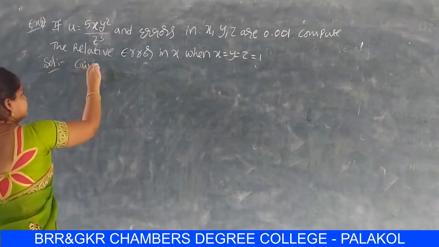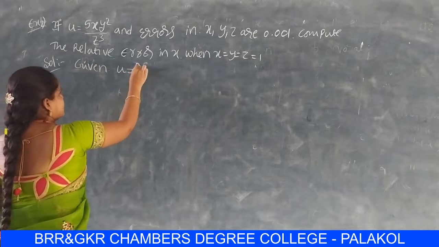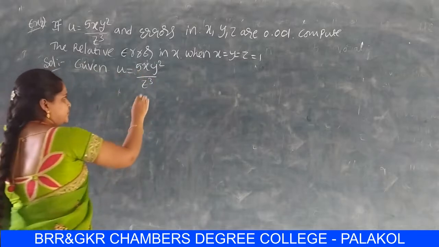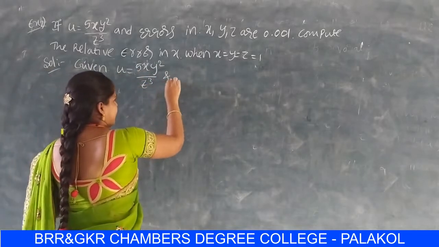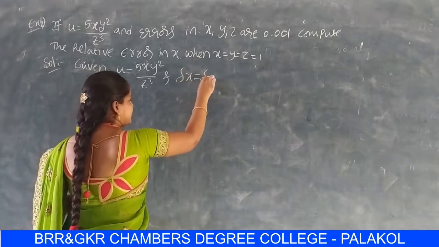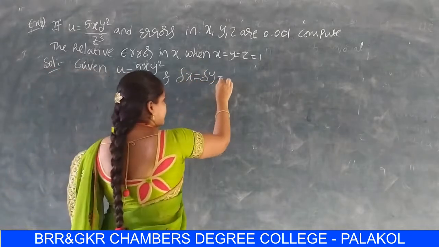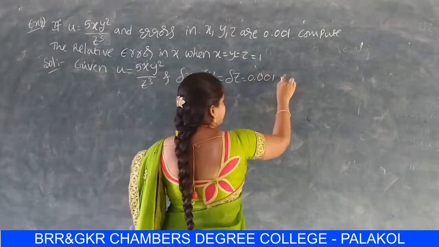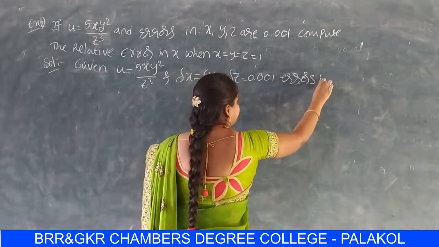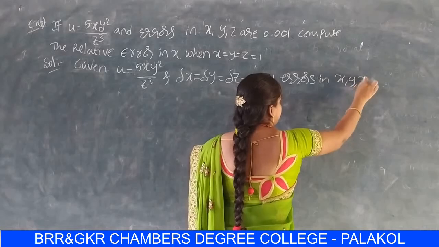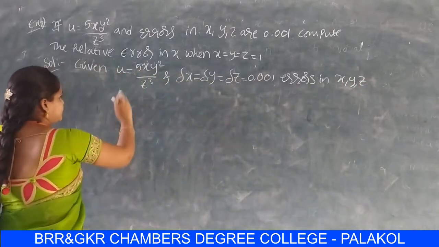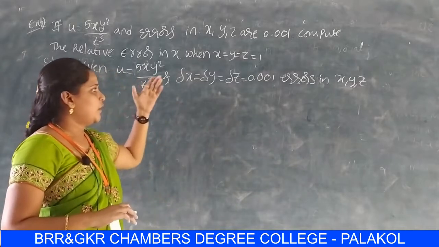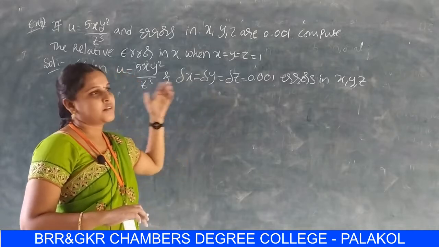Given u is equal to 5xy square by z cube, and the errors in x, y, z are indicated as delta x is equal to delta y is equal to delta z is equal to 0.001. So given u and the delta x, delta y, delta z values, we are solving.